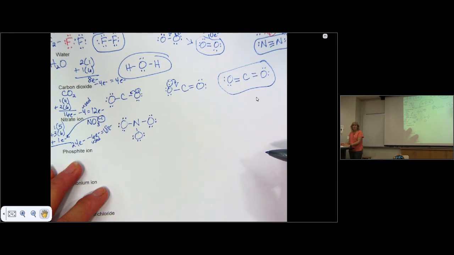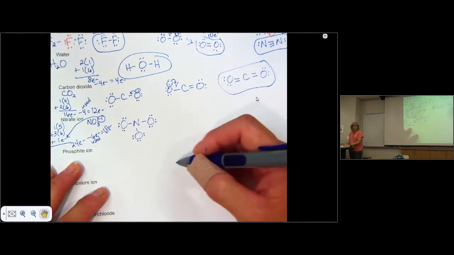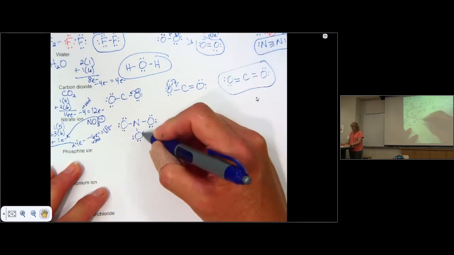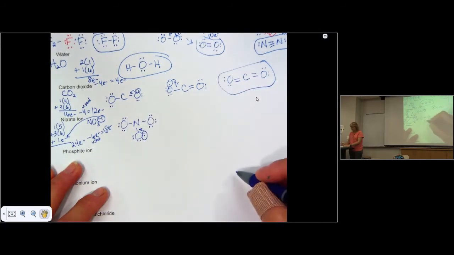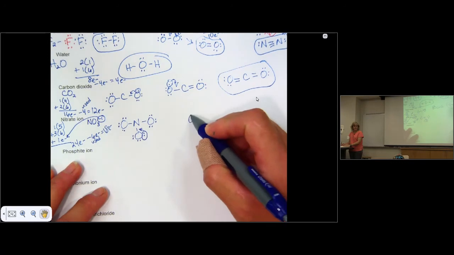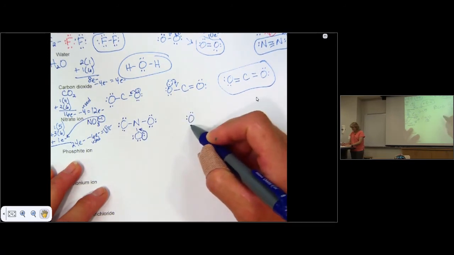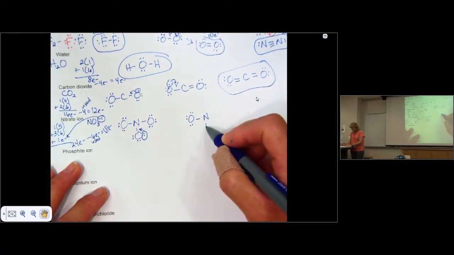You make a double bond. And then the next question, does it matter where we put the double bond? No, it doesn't matter. Pick one of the oxygens, move the electrons, and make a double bond. Rewrite it.